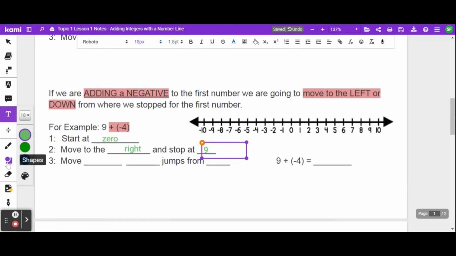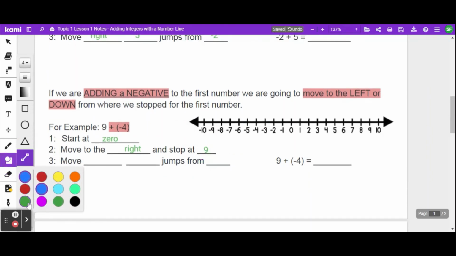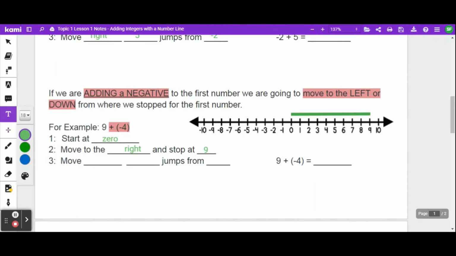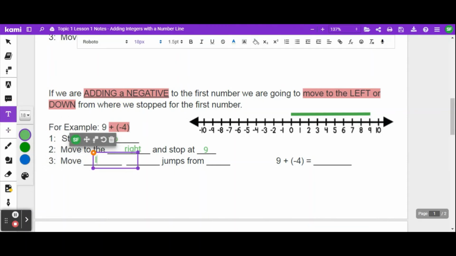So we'll show that with some lines here. Again, starting at 0, going to move to the right to 9. Since I am adding -4 and adding a negative, I am going to move to the left, 4 jumps.